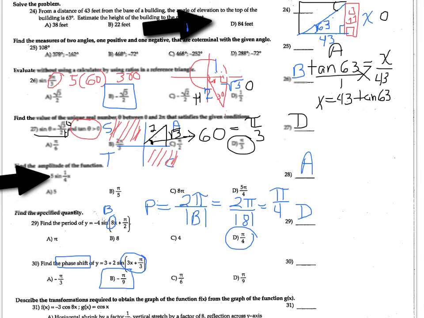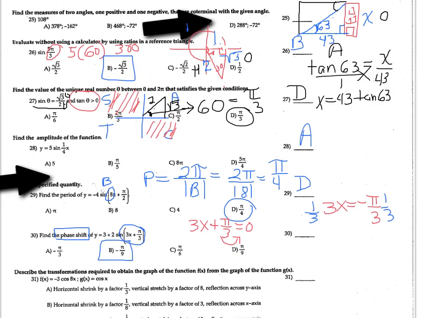And all you need to do here is let 3x plus pi over 3 equal 0. Then you bring the pi over 3 to the right. So that's going to be 3x equals negative pi over 3. And then just multiply by 1/3. And when you multiply by 1/3, that gives you negative pi over 9, which is B.